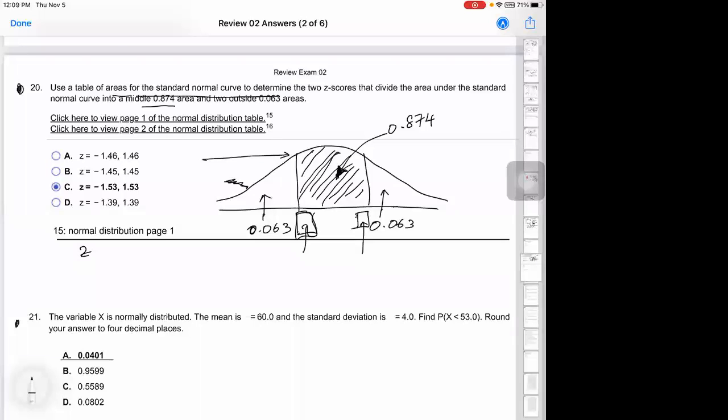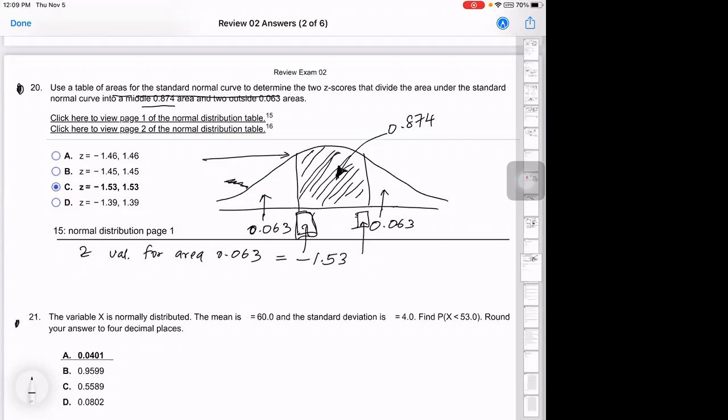So the C value for area 0.063 is negative 1.53. I think you can find that value using the C table.